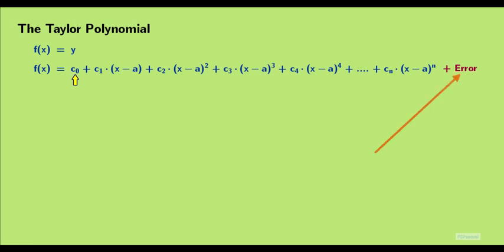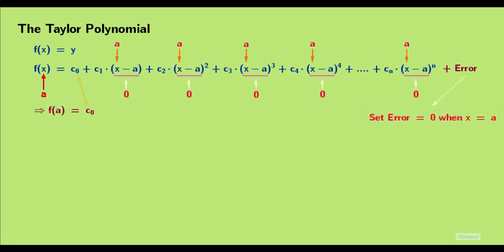Therefore, this error term should be 0 at x equals a. And so, plugging in a for x, each of these factors is 0, and remember, so is the error term at x equals a.